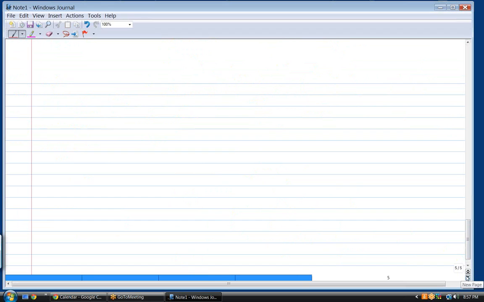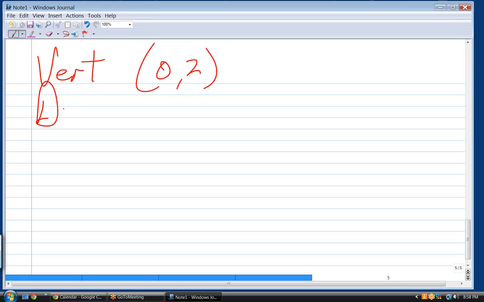So, do we have time to do one more? Sure. All right. How about: write the equation of a parabola in standard form with vertex 0, 2 and directrix y equals -4. Okay, let's draw it.